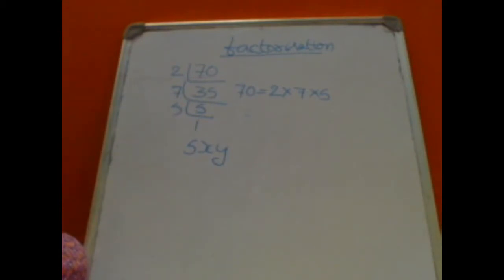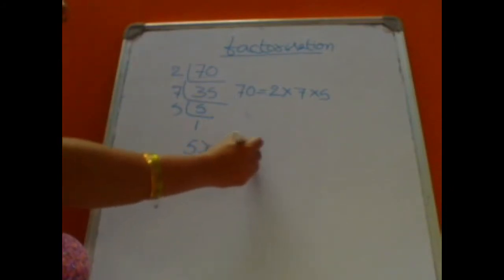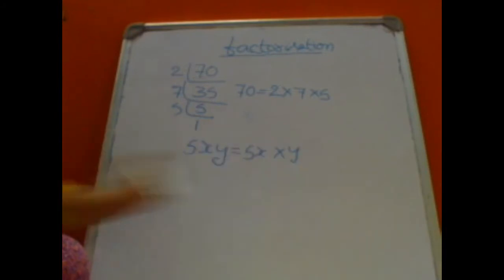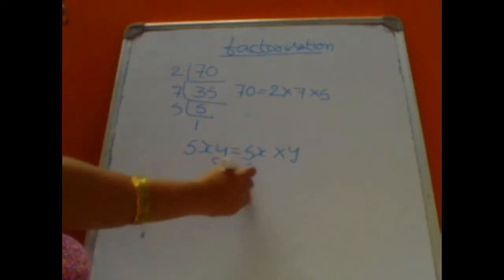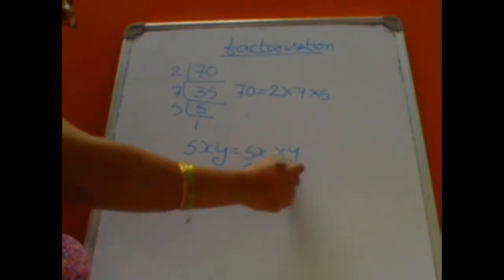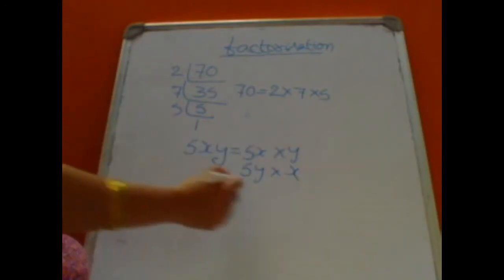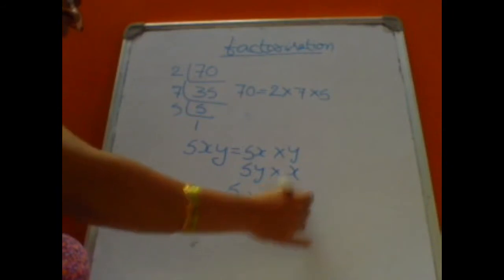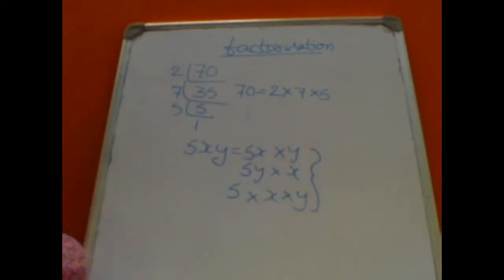If you want to write the factors of this 5xy, you can write it as 5x into y, or 5y into x, or 5 into x into y. This is the way you can express 5xy in terms of factors.